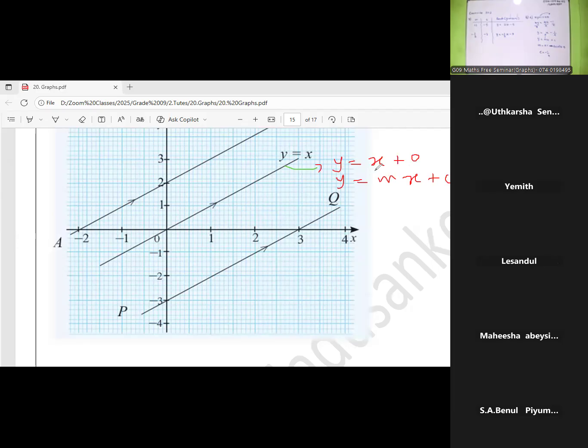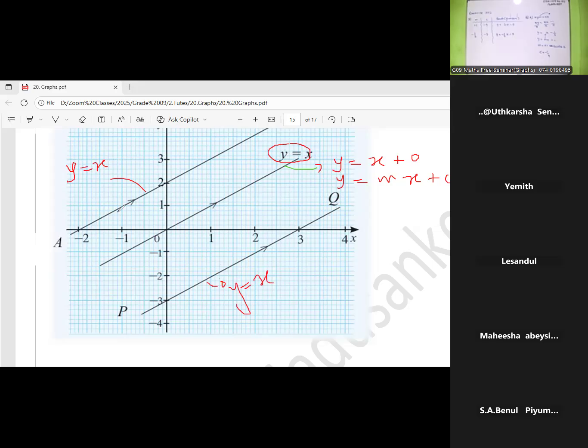If this line AB and PQ are parallel to this line, then both should begin from y equals x, and you have to define what the c, intercept is.